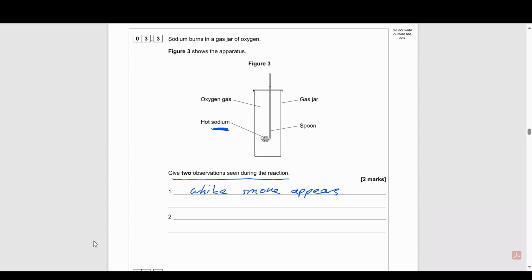But specifically for sodium now, a certain color will appear when the sodium is alight. Now for sodium, the flame color is always going to be yellow. So recalling now, for each of our metals that we find in group 1, what are the flame colors for them?